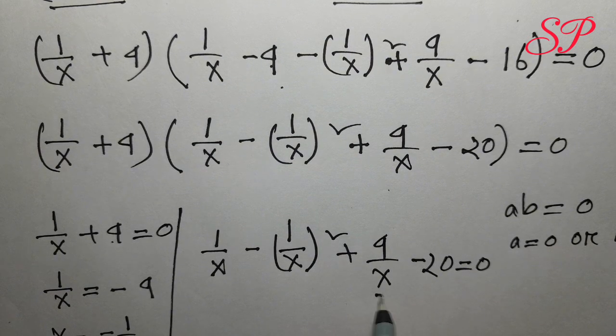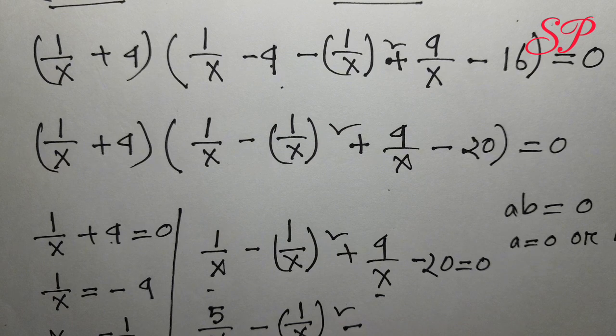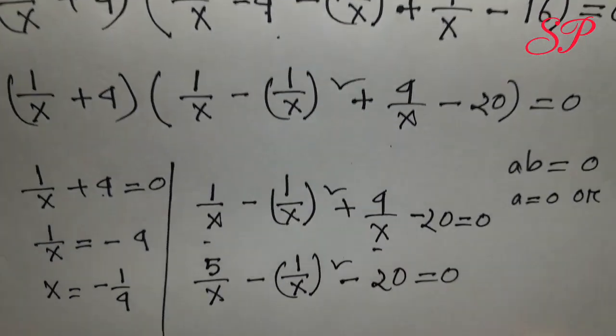Here 4 by x and 1 by x is equal to 5 by x minus 1 by x all square minus 20 is equal to 0.